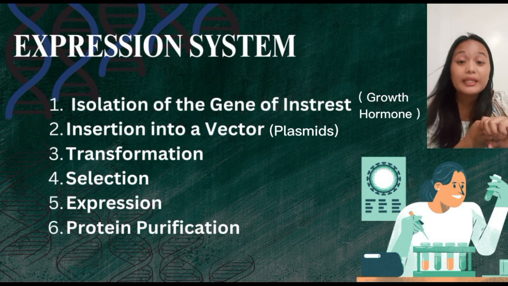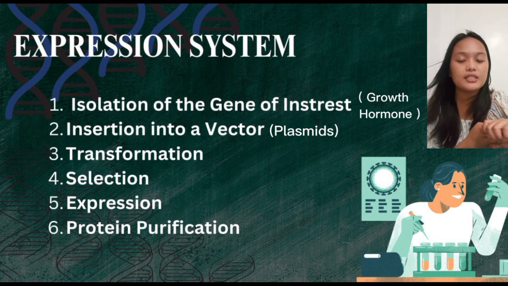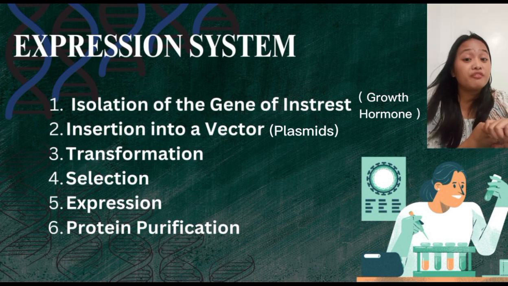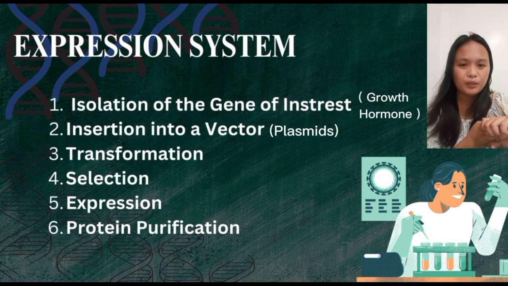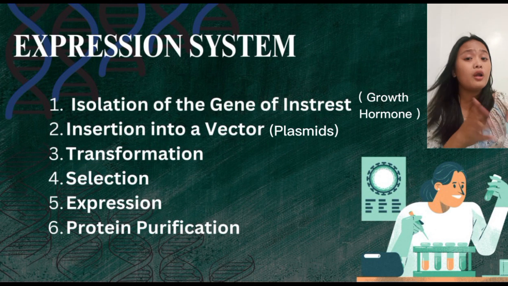As I have said repeatedly, selection is like a certain qualification. For example, is the plasmid compatible with the isolated gene of interest? If they are not compatible, how would they survive in the long run?